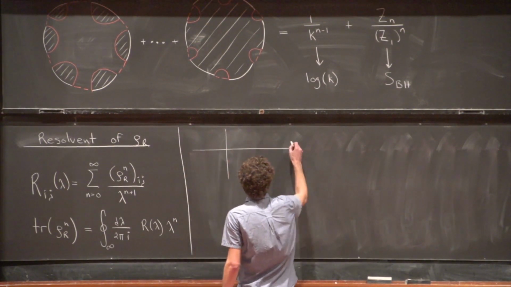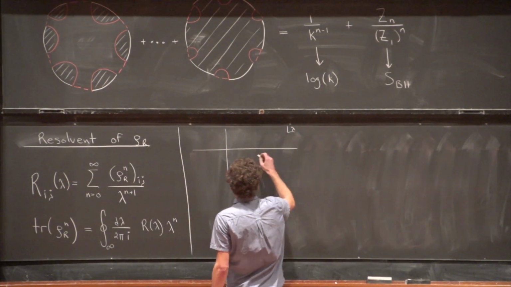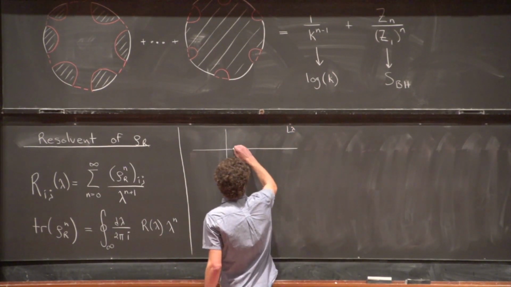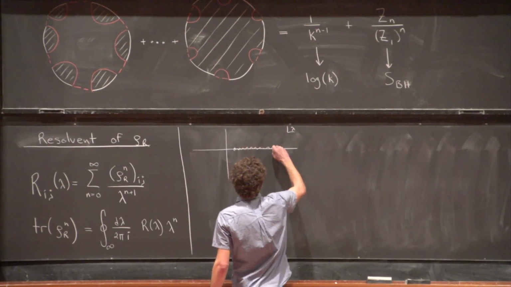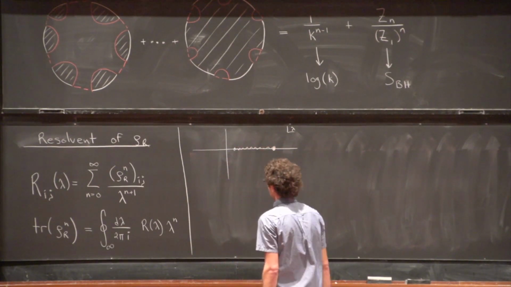Anyhow, if we think about the lambda plane, then the analytic structure of the resolvent is it has a cut along the positive lambda axis.